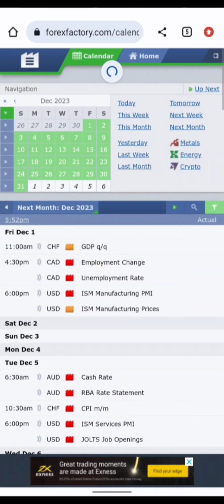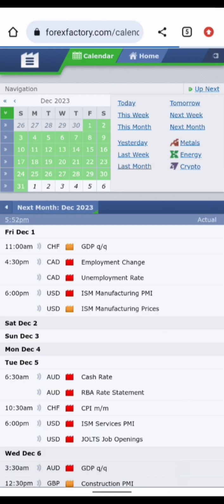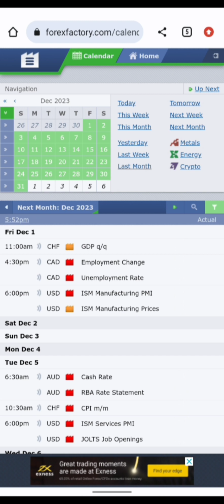So guys, that's all about economic news. Keep the fundamentals part of it. We have the technical and the fundamentals. The fundamental part sets you up in a better position. At least you know what's happening. If you see a sporadic move on the market, you can come back and check your calendar to see which event or which speech is taking place right now.